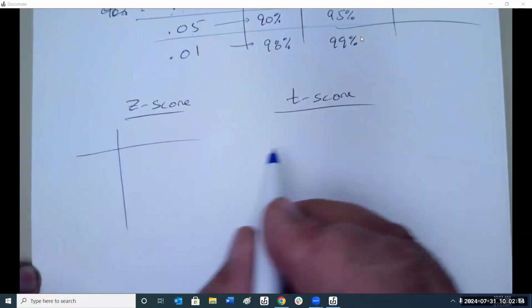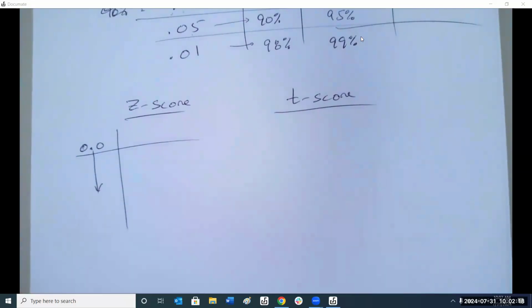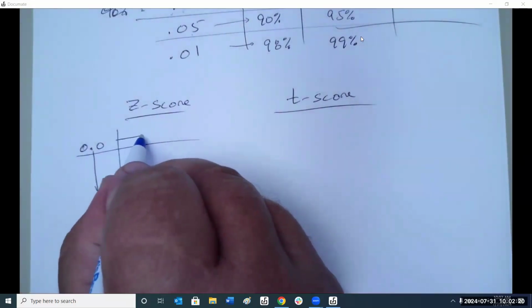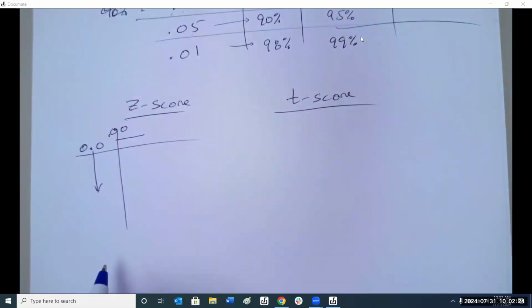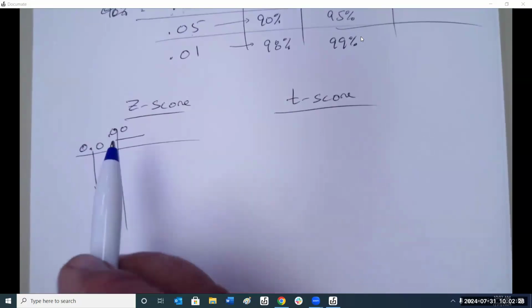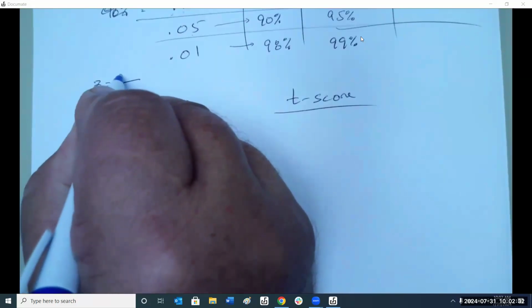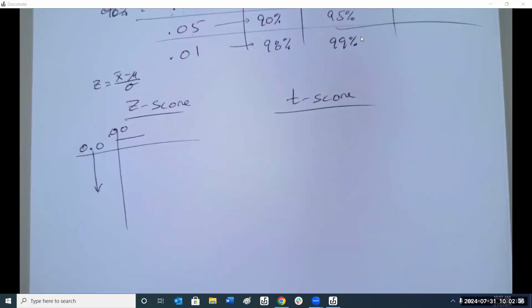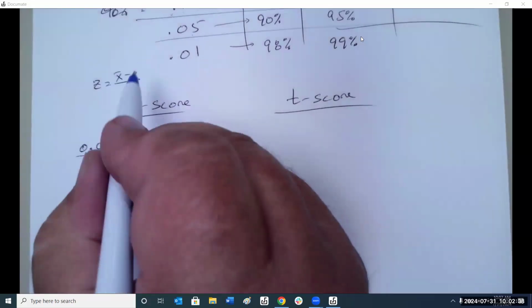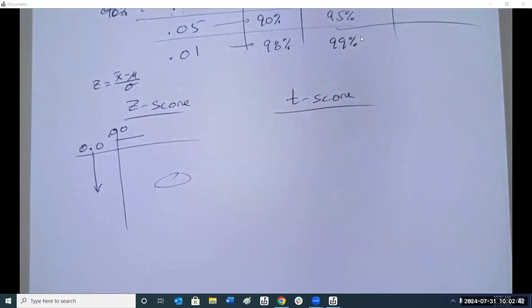The z-score chart had 0.0 on down here, and this one here was 0.00. So it didn't matter how many elements we had. We just looked at whatever our formula gave us, in 2 decimal places, and that'll give us an area.